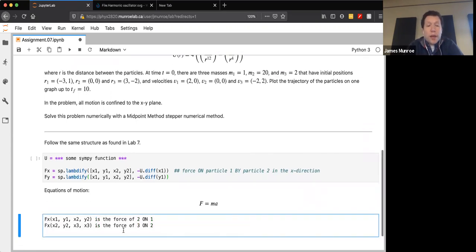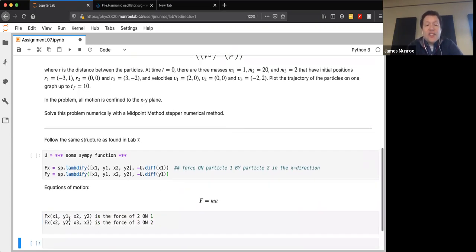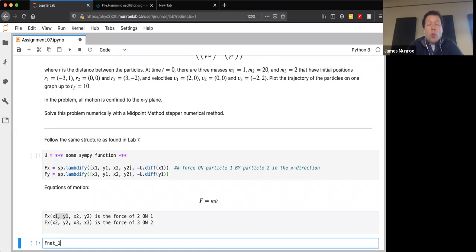Okay, here's the important bit. This same function is the force of whatever on whatever. If I need to figure out what the net force on 1 is, it will be equal to the force of 2 on 1 plus the force of 3 on 1.